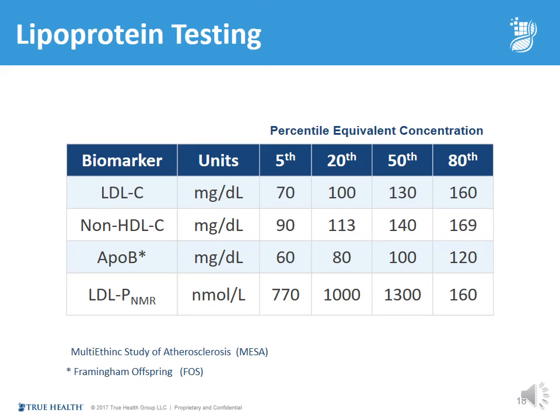For those of these markers before you that exceed the 80th percentile population cut point, that is usually, at least in studies that looked at cardiovascular risk, associated with high risk. If you happen to have a concentration that is below the 20th percentile cut point, that is usually considered in the optimal range and is not usually associated with cardiovascular risk.